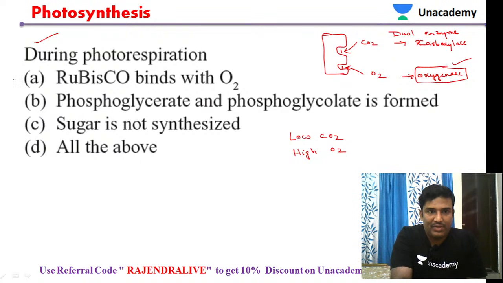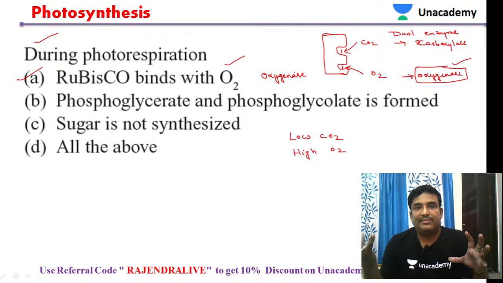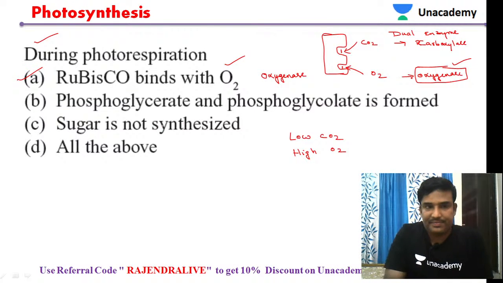So statement A is correct: Rubisco binds to oxygen with the help of the oxygenase activity. Oxygen binds because at that condition there is less carbon dioxide and a high amount of oxygen present. So statement A is correct.